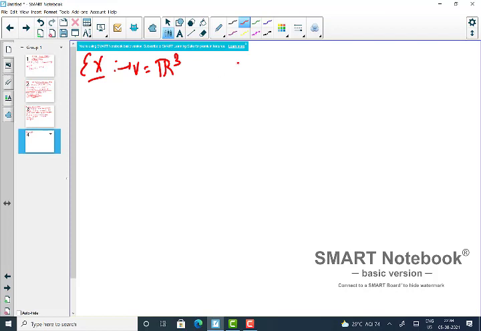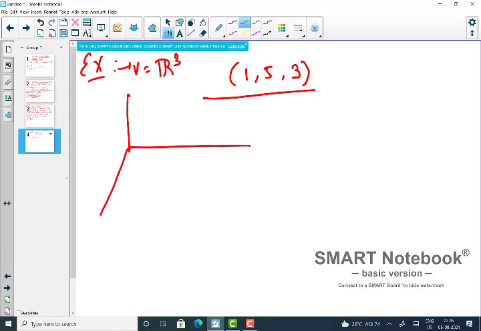Here, if you take a point in space, you can have, say, (1, 5, 3). What does that mean? It is a kind of vector: you go 1 unit, then 5 units, and then 3 units. Something like that.